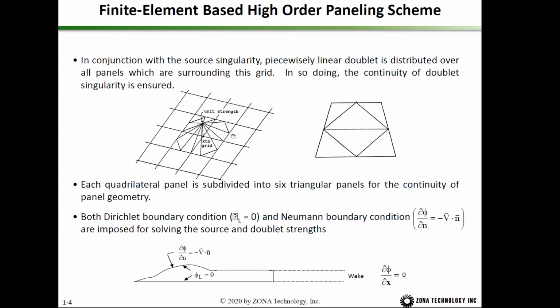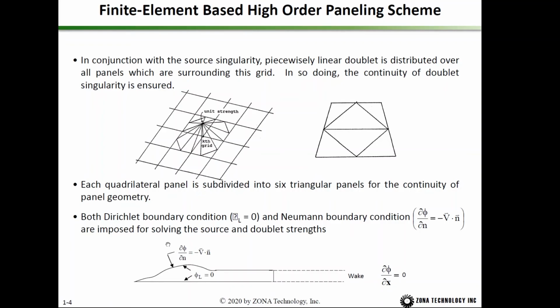source on each panel. Because the 4 corner points of each quadrilateral panel may not lie on the same plane, in order to ensure there's no gap between adjacent panels, ZONAIR subdivides each quadrilateral panel into 6 triangular panels for the continuity of the panel geometry.